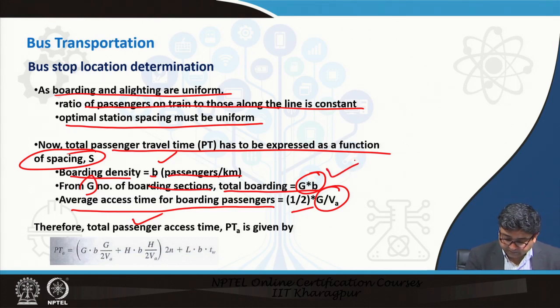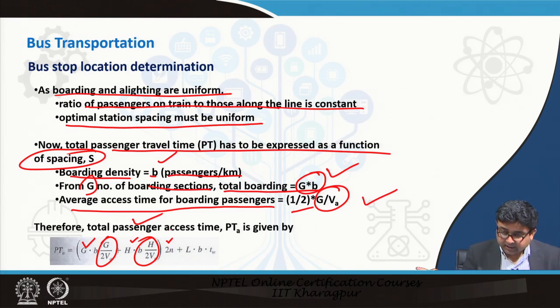If you already know that this many people are boarding from G sections, there will be that many people also boarding from H sections, right, and you already know the average access speed for those sections. You multiply it by 2, because just like I said, you also have another set of sections, M and M plus 1, where you alight. The similar thing is going to happen there. So, you multiply it by 2, and there are n such sections.